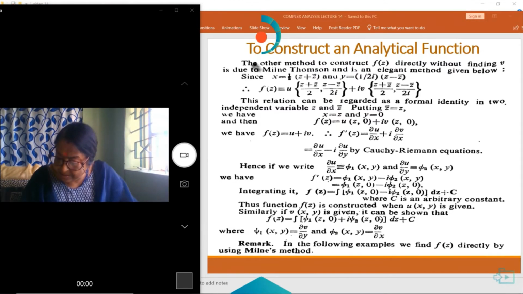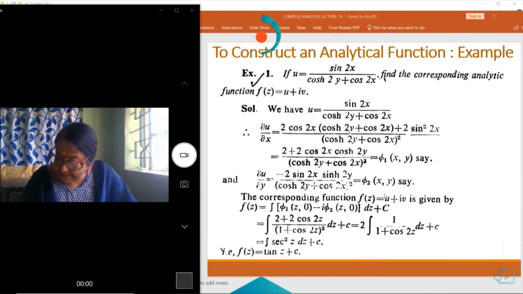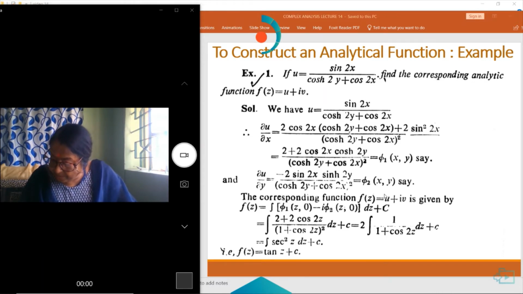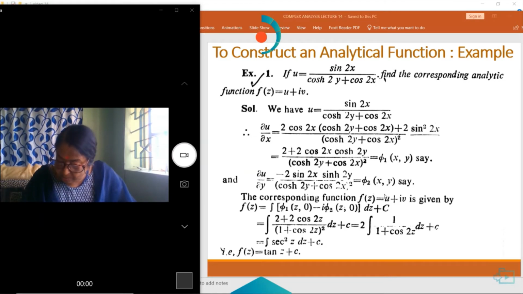Now take some examples. u is given as sin 2x divided by (cosh 2y + cos 2x). Since u is given, find ∂u/∂x and ∂u/∂y. After calculating ∂u/∂x, write it as phi 1(x, y) and ∂u/∂y as phi 2(x, y).